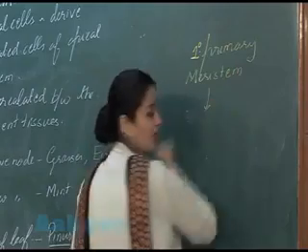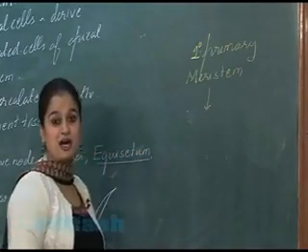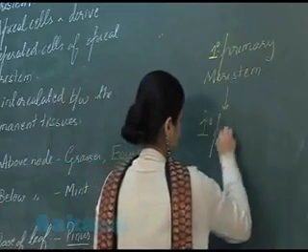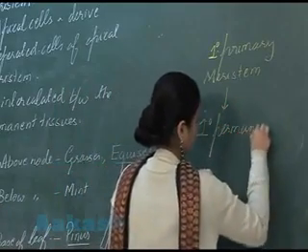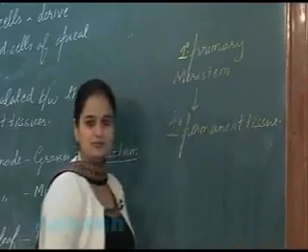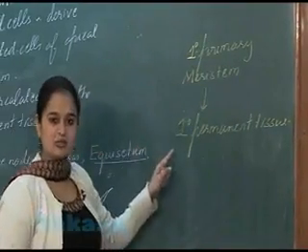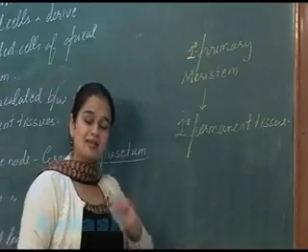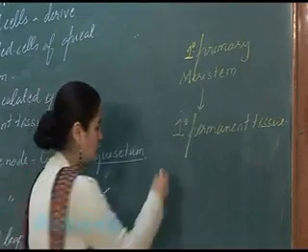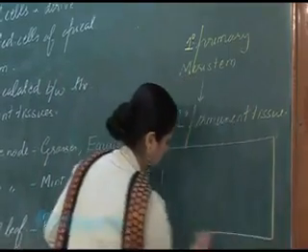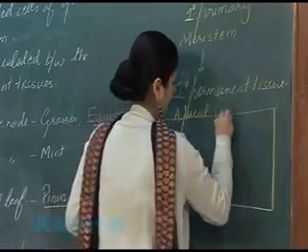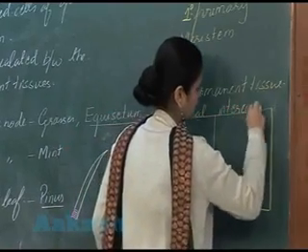The function of the primary meristem is that it results in the formation of primary permanent tissue. Now these two features of apical meristem and intercalary meristem are the same. So let's see now what the differences are between the apical and intercalary meristem.